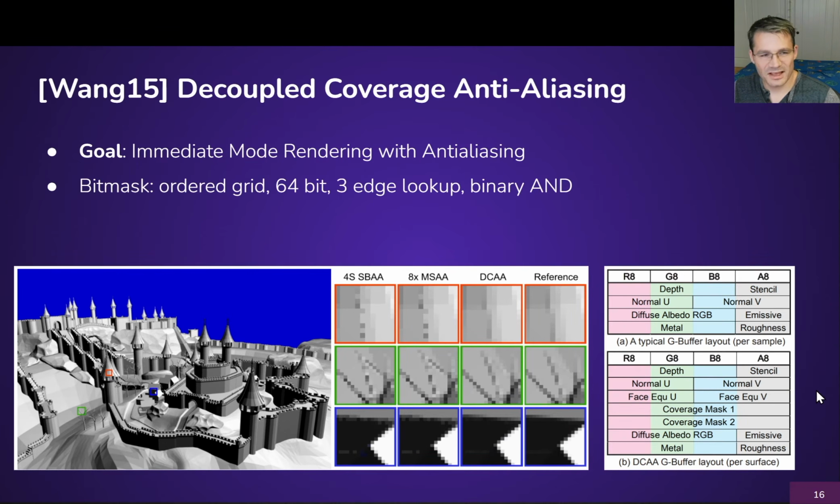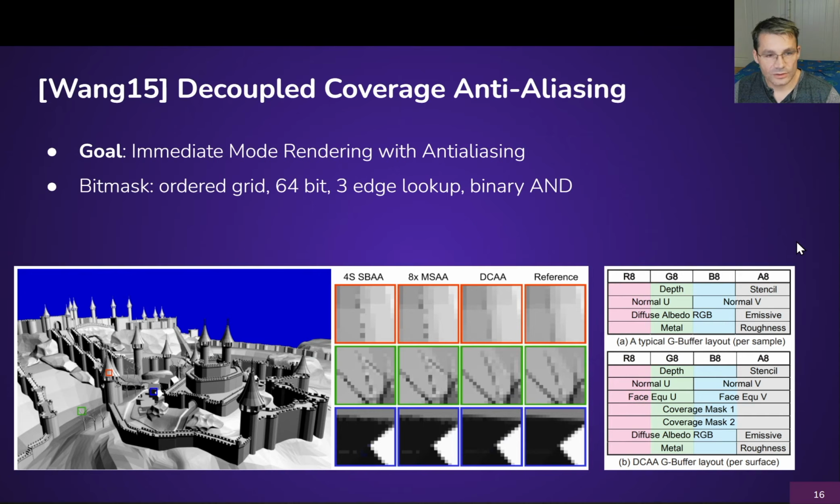It's a little bit of savings, but it gives each of those 4 samples a weight, and the weight comes from the coverage mask. So the coverage mask is used to decide, for those 4 gbuffer samples, what the weight for that sample is. It's a higher quality solution, so it will produce way higher quality than 8 times MSAA, as you can see here, but it also comes at a cost.